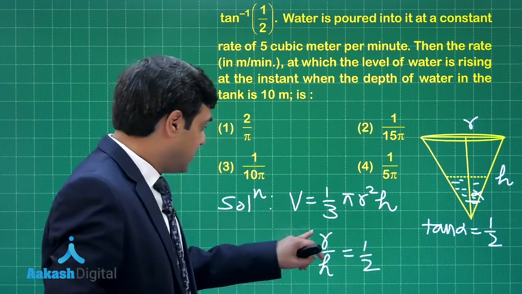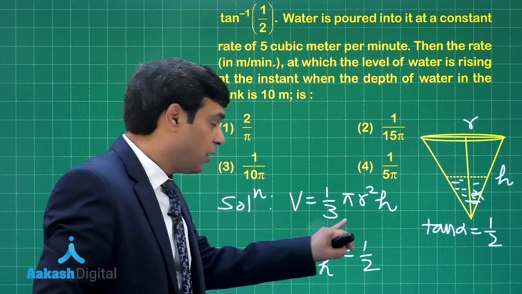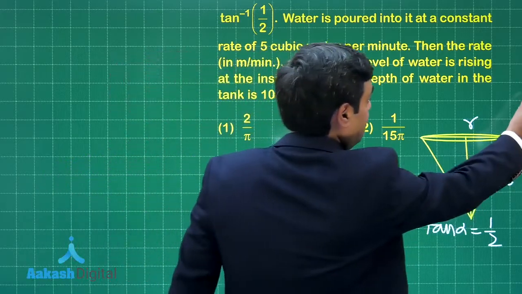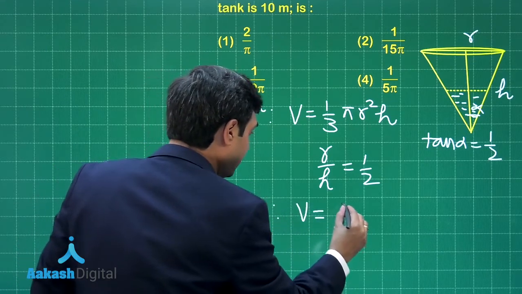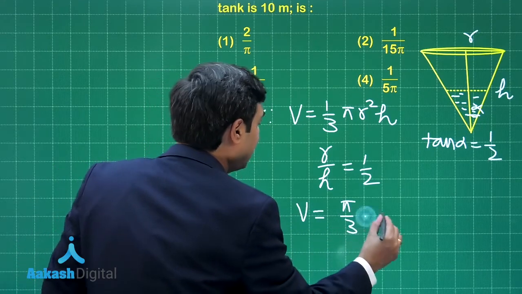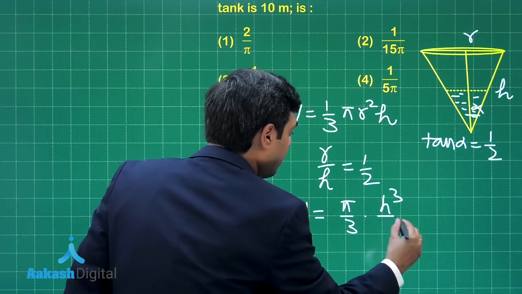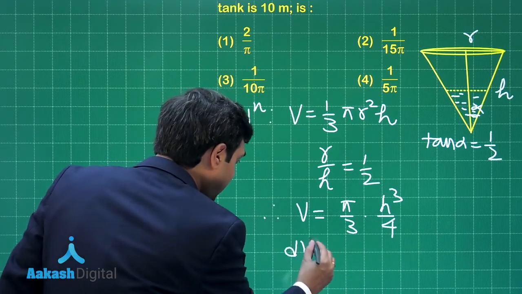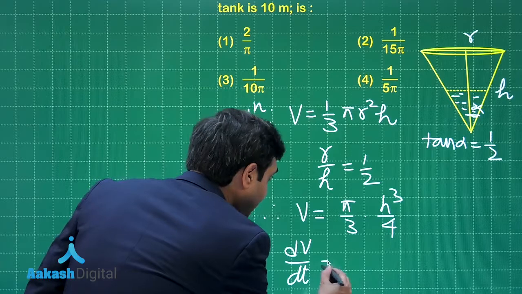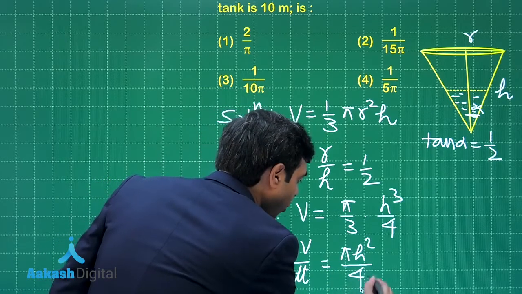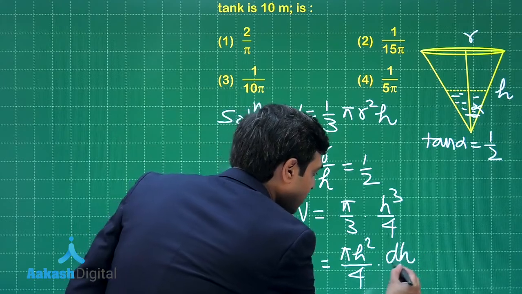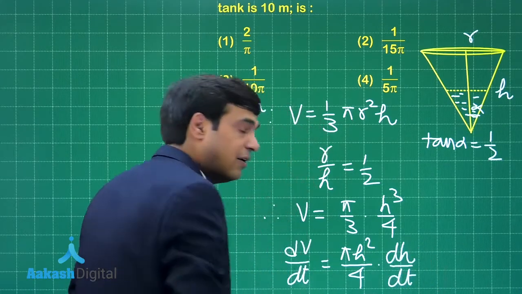Now we can see here R is equal to H by 2. Therefore, volume is pi by 3 multiplied with H cube by 4. Differentiating, dV by dt is equal to pi H square by 4 into dH by dt, right?